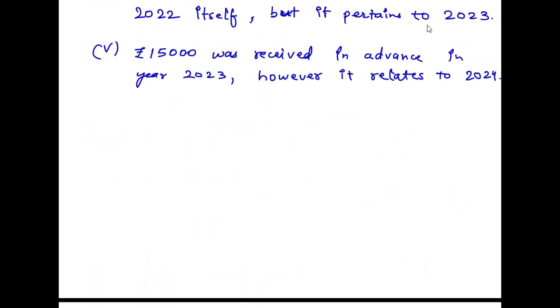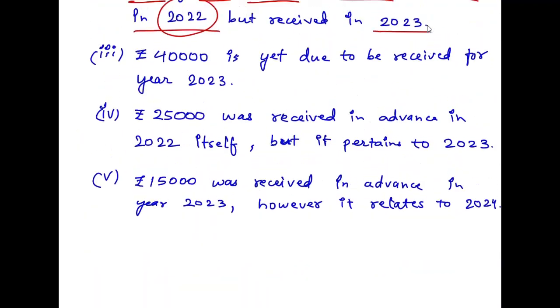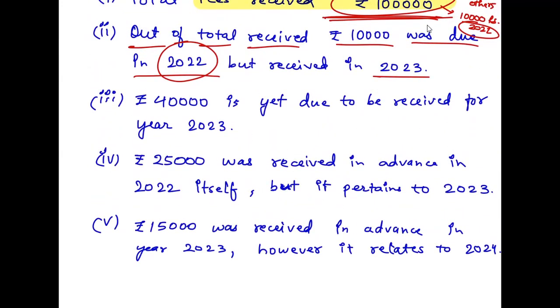Let's go to the second one. Second one is saying here that rupees 40,000 is yet to be received for year 2023.